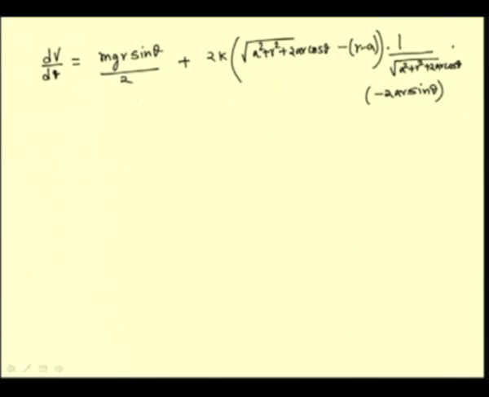So, this is the value for dV by d theta, and this we have to equate it to 0 for the equilibrium position.